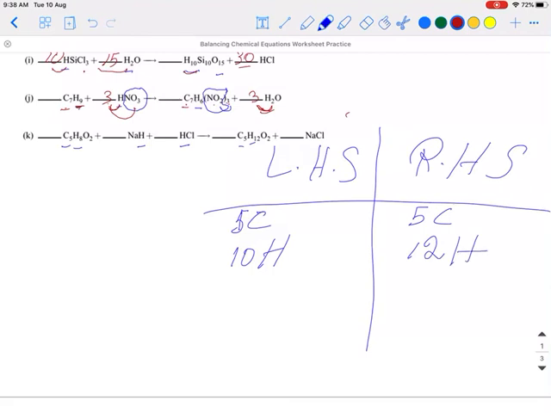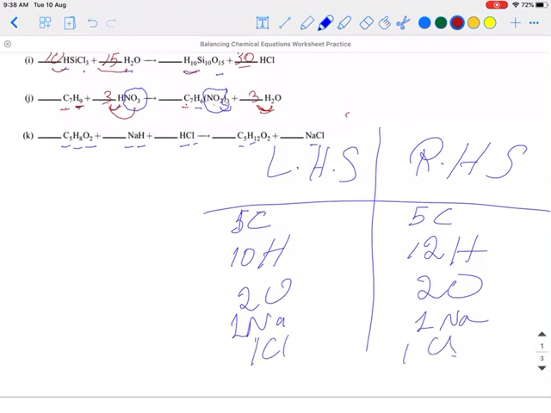And on the other side we have 12 hydrogen, 2 oxygen here, 2 oxygen, and 1 Na, 1 Na, 1 Cl, 1 Cl. We have carbon, hydrogen, oxygen, sodium, and chlorine.